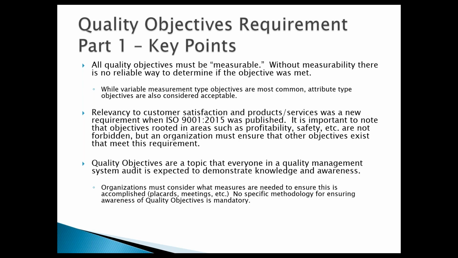But we do from time to time have what I refer to as attribute type objectives. You might think of them like pass-fail objectives. This could be, for example, something like we want to achieve NADCAP accreditation by December 2022. Well, that's something either you make it or you don't. So that would be an attribute type objective.